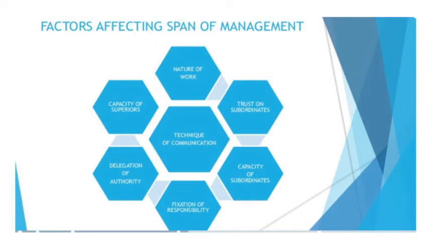More people cannot be allotted, because we may lose control as well as supervision. We cannot fix responsibility because we are unable to reach them. So these are the 7 factors which may influence the span of management: nature of work, trust, capacity of subordinates, fixation of responsibility, delegation of authority, and capacity of supervisors.